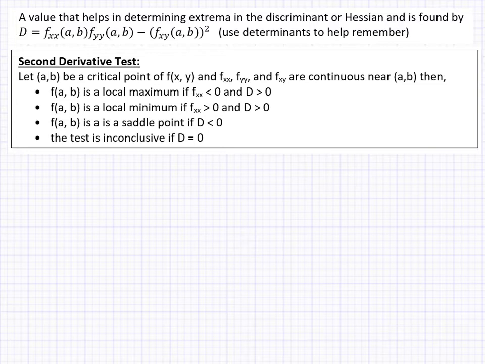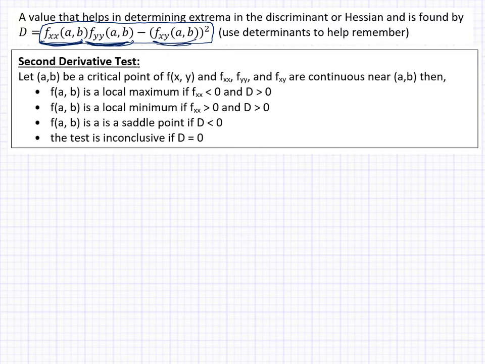In order to do this, we need something called the discriminant, also called the Hessian. It's found by using all the second partial derivatives. So what it is, is this big function here: the second derivative with respect to x twice, second derivative with respect to y twice, and then the mixed partial are all in here. And really what it is, is the determinant of a matrix.